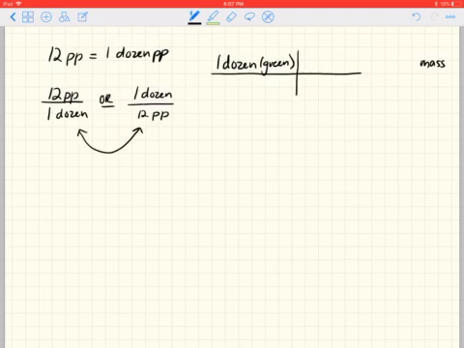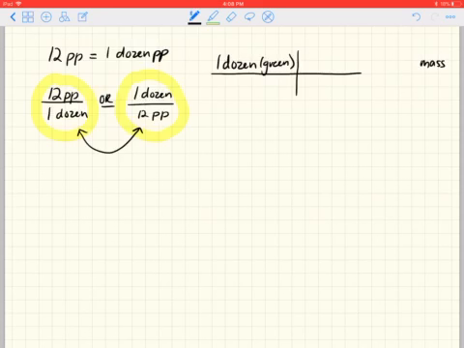In order to get to mass, I need a second conversion factor because I don't have mass anywhere in this situation here. There's no mass there, there's no mass there. So I'm going to start by setting up a second conversion factor. My second conversion factor is going to be the same one that I used earlier on.